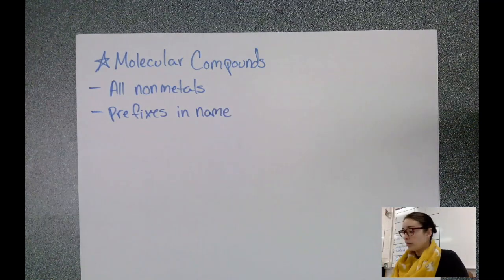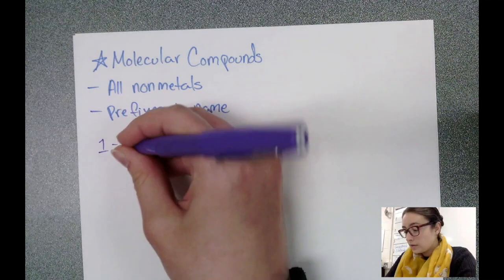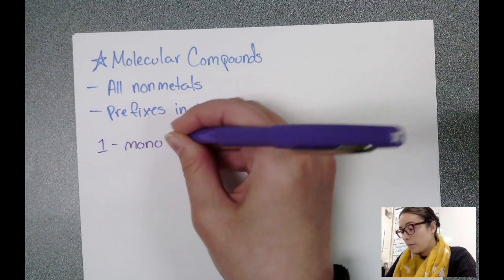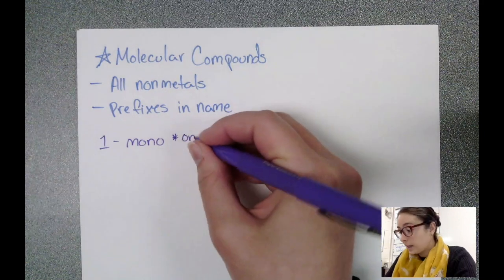So let's talk about what our Greek prefixes are. Well, one is mono. Thing to remember here, though, is that mono is a prefix that's only used on the second element.